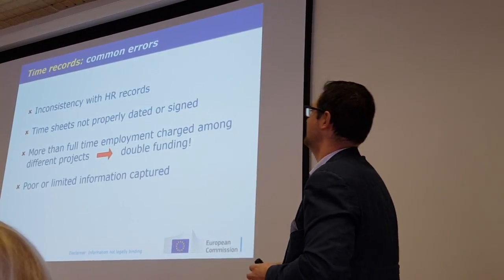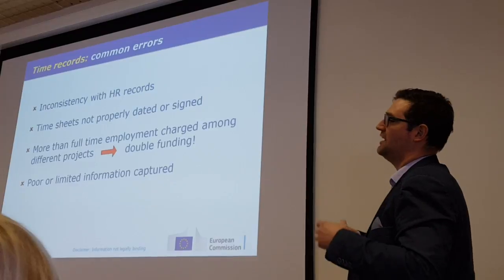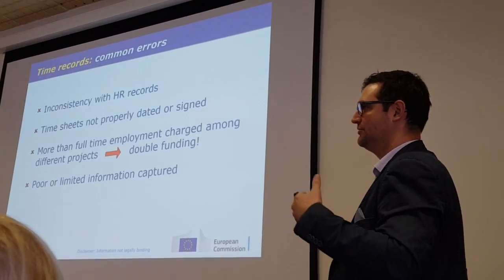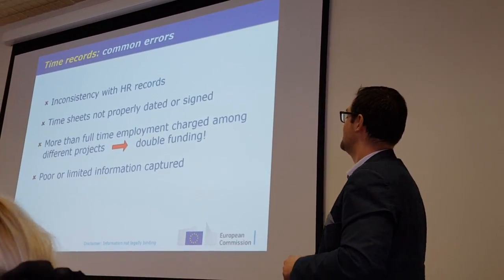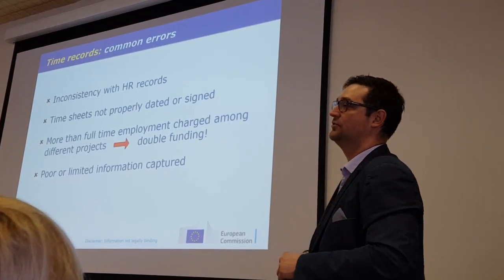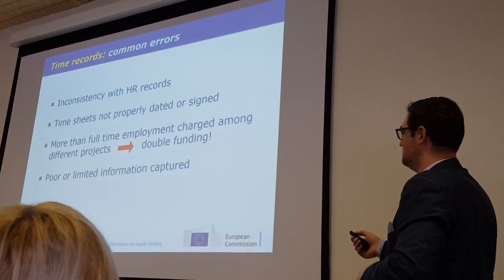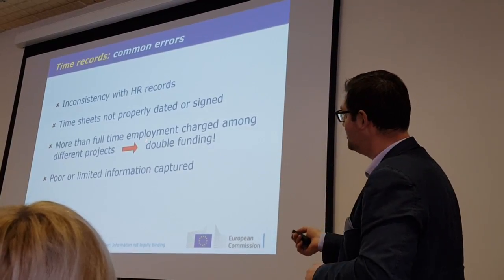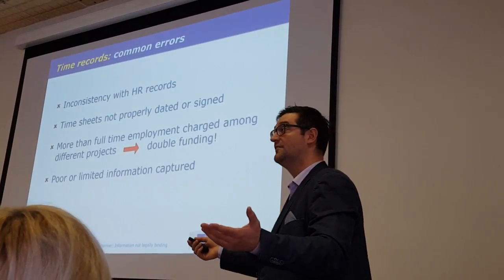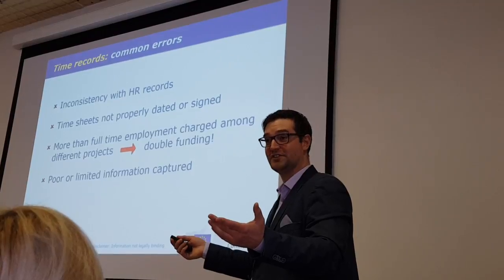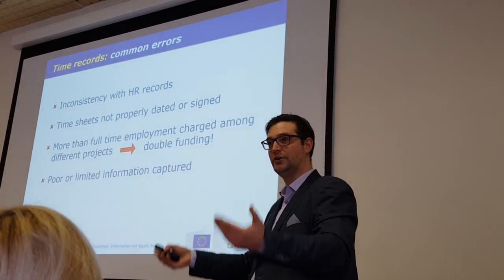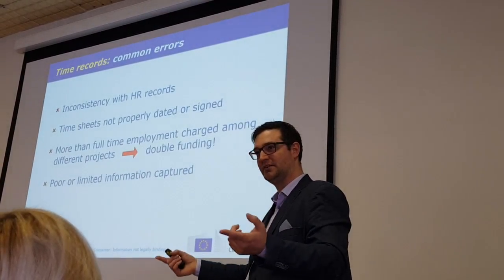That's the first thing. Then you have to sign, of course, the timesheet. You have to date the timesheet, and you have to avoid double funding. You can easily avoid double funding when you have one timesheet for more projects. If you are working on 2-3 projects, just use one timesheet.